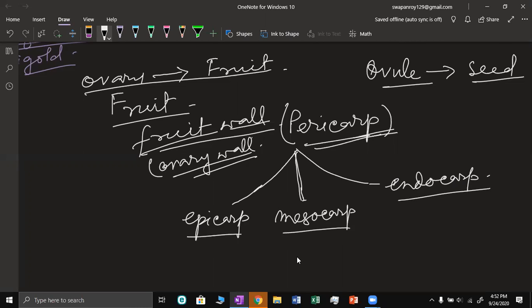So epicarp is the outermost layer of the pericarp, the fruit wall. Mesocarp is middle, and endocarp is inner.